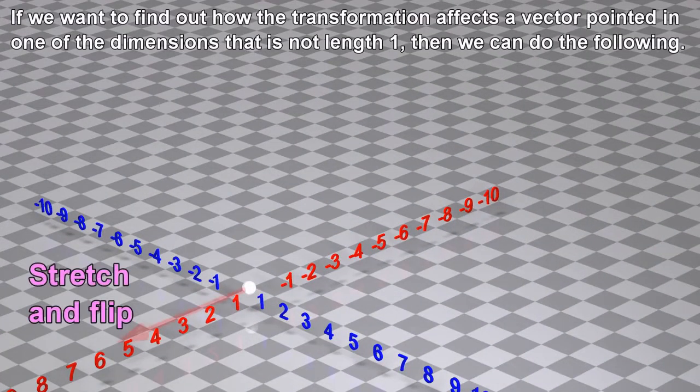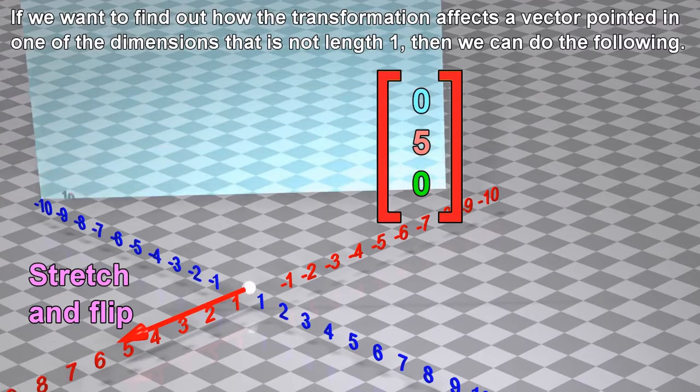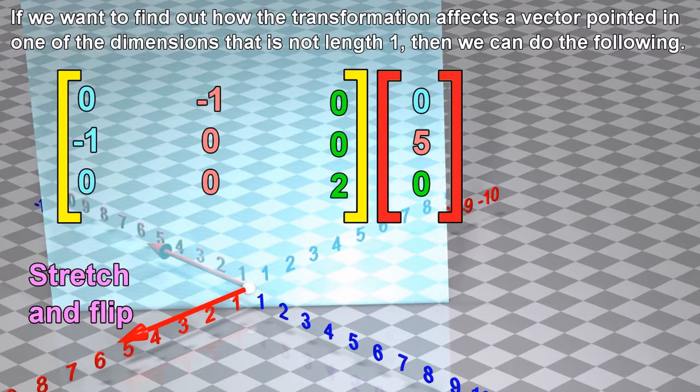If we want to find out how the transformation affects a vector pointed in one of the dimensions that is not length 1, then we can do the following.